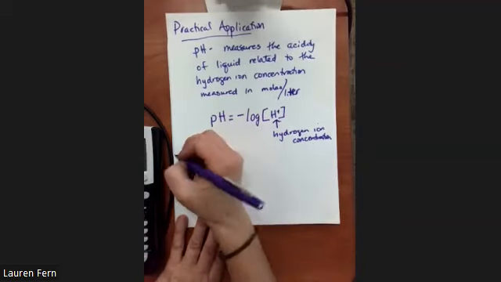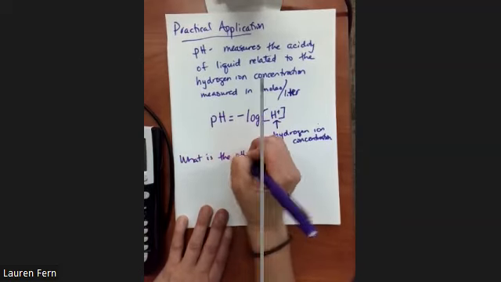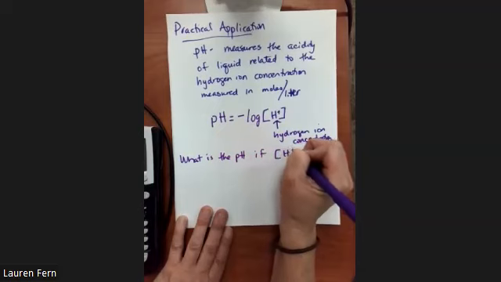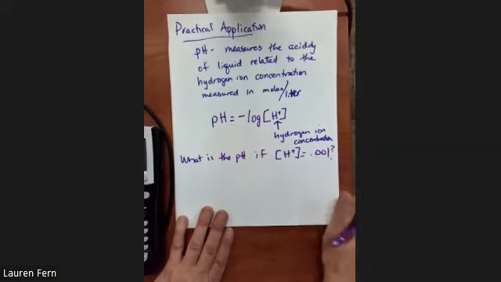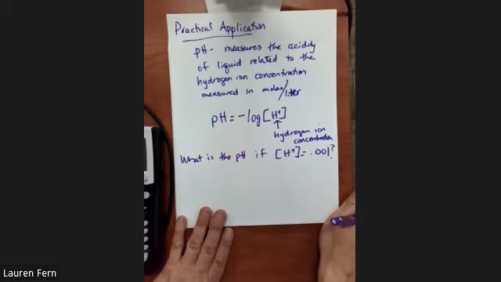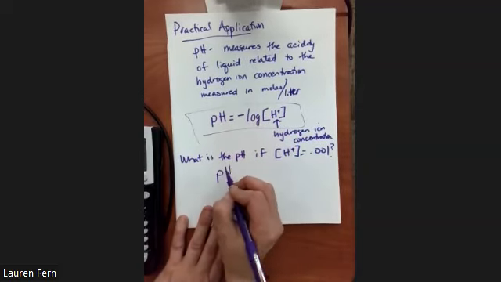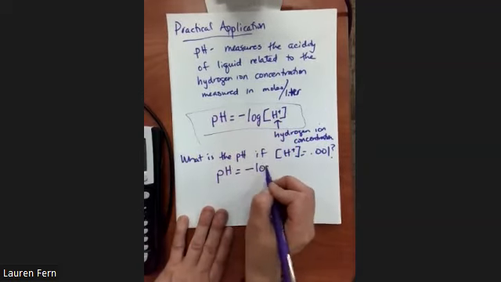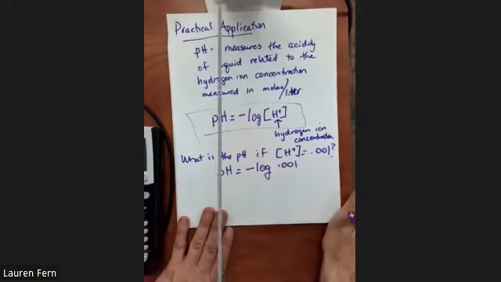Okay, so what is the pH if our hydrogen ion concentration is 0.001? Well, use your formula. We're looking for the pH. That's negative log, and we know this, it's 0.001.